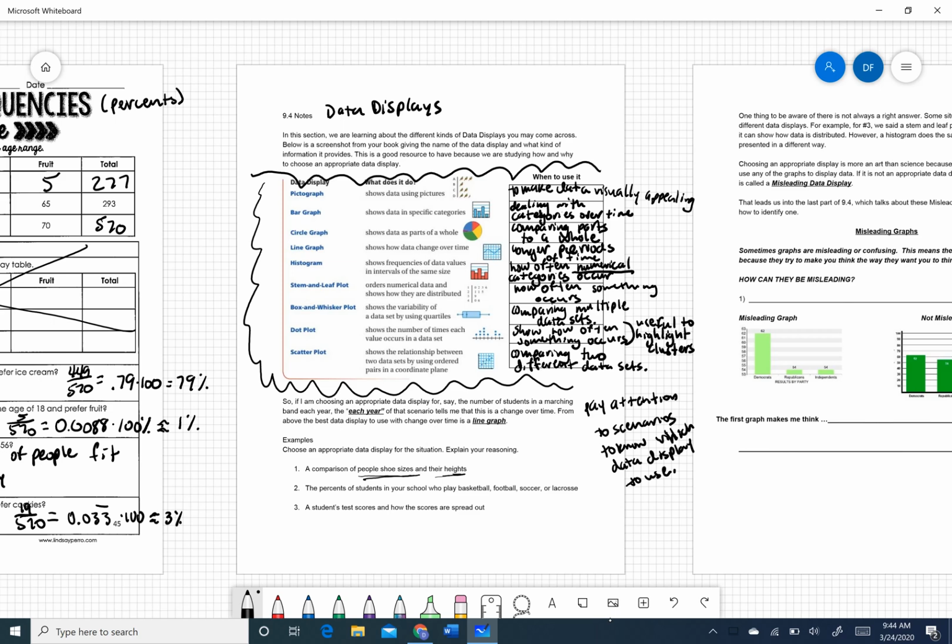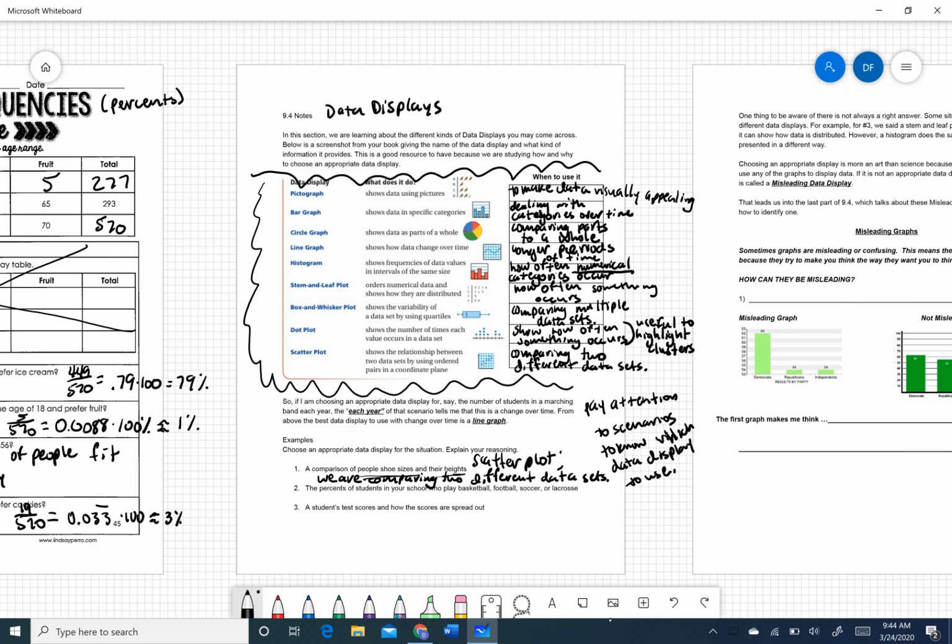And if I'm comparing two different data sets, as we have talked about almost ad nauseam here, we're going to use a scatter plot, because we are comparing two different data sets. Okay, so scatter plot because we're comparing two different data sets.